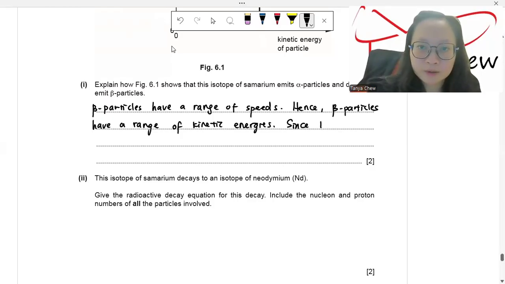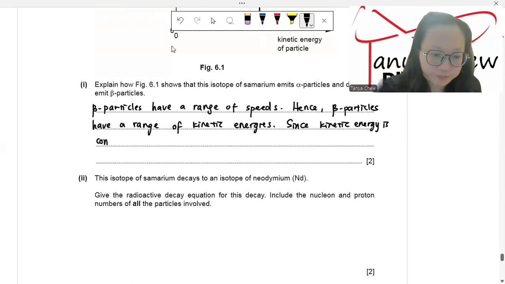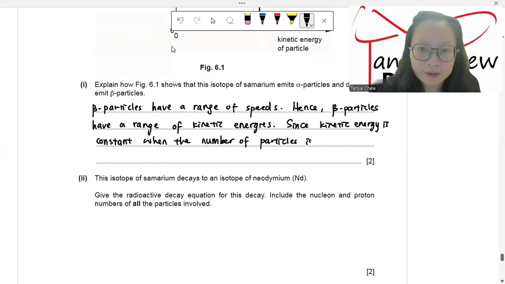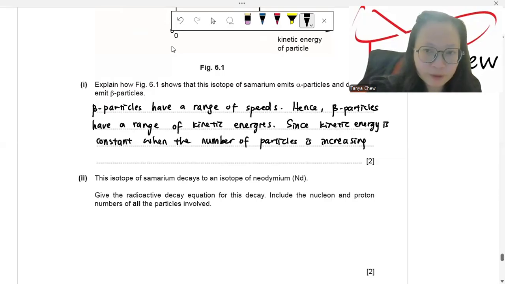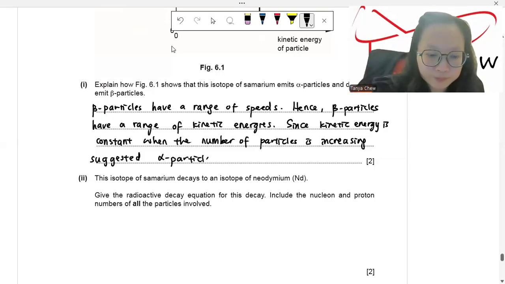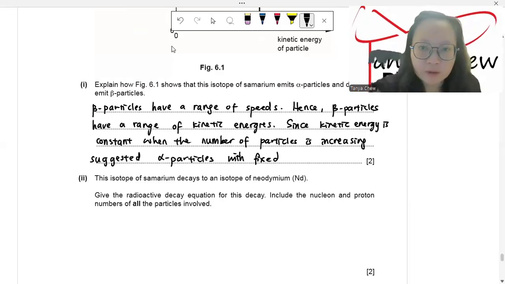Since kinetic energy is constant when the number of particles is increasing, it suggested that alpha particles with fixed kinetic energy are being emitted.